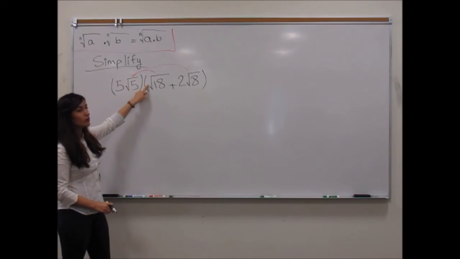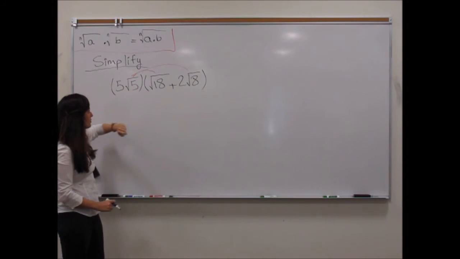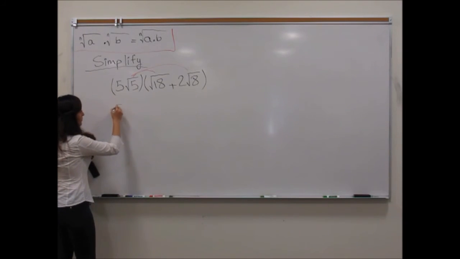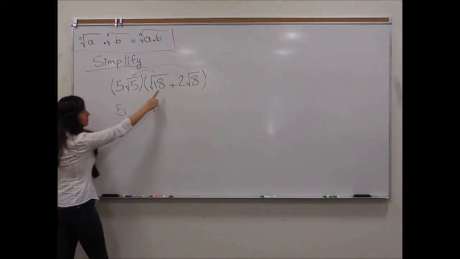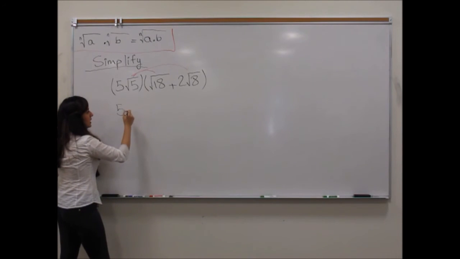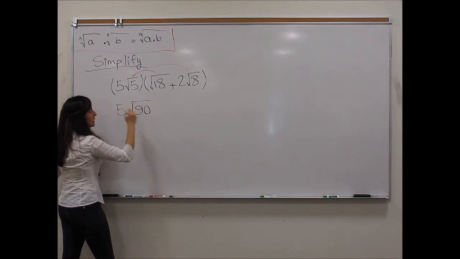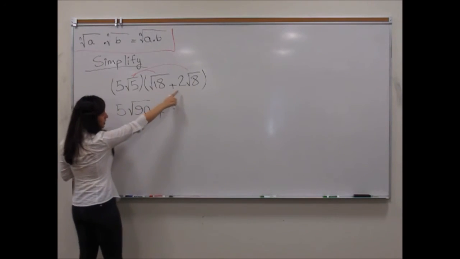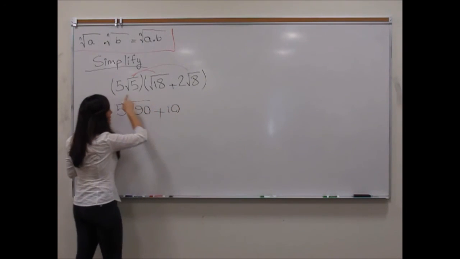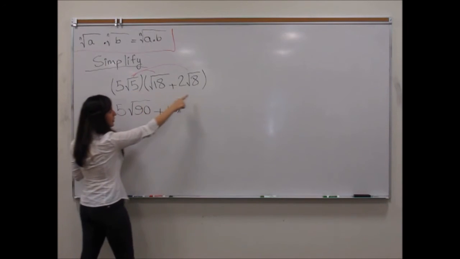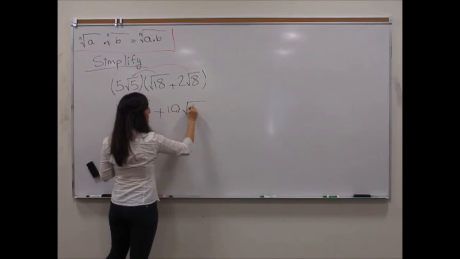The coefficient of this one is just 1. So 5 times 1 gives me just 5. And 5 times 18 gives me 90, so this is 5 rad 90 plus 5 times 2 gives me 10, and then this 5 times 8 gives me 40.